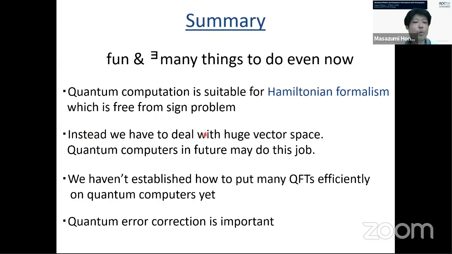Instead, we have to deal with a huge vector space, a huge Hilbert space, but quantum computers in the future may do this job. We haven't yet established how to put many quantum field theories efficiently on quantum computers. Also, quantum error correction is very important in implementing quantum algorithms on real quantum devices.